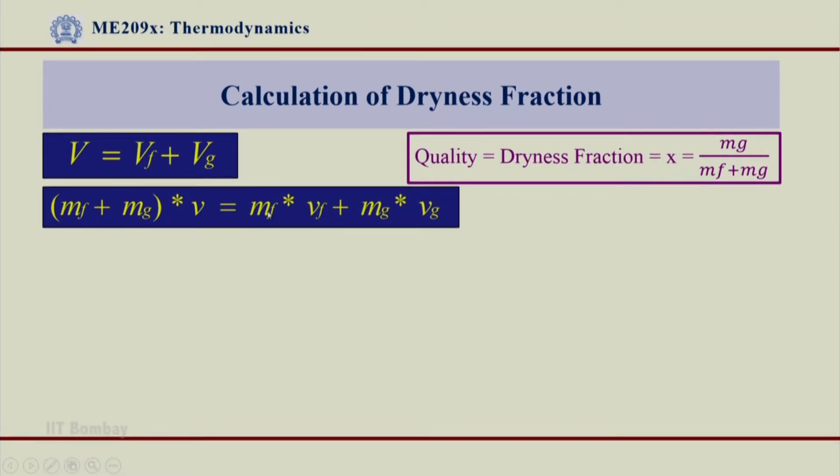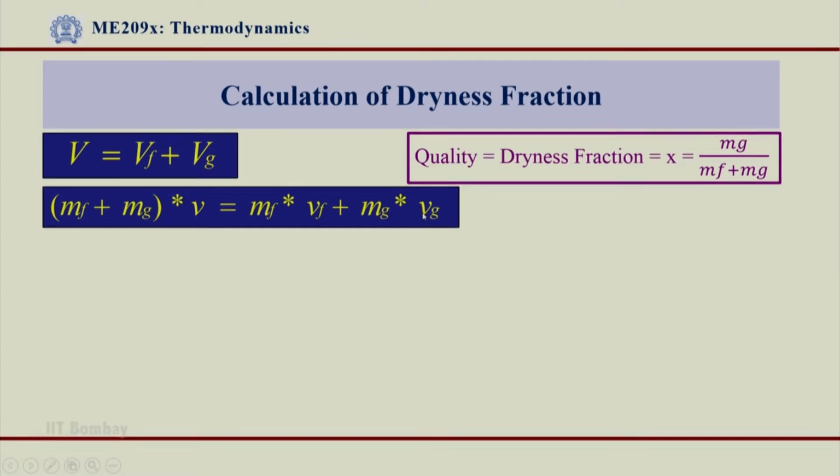Mf is the mass of saturated liquid and Vf is the specific volume of the saturated liquid, plus the mass of the vapor multiplied by the specific volume of the vapor.